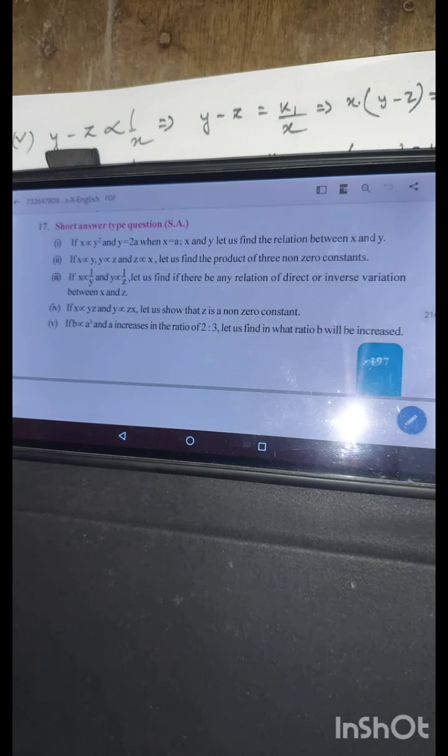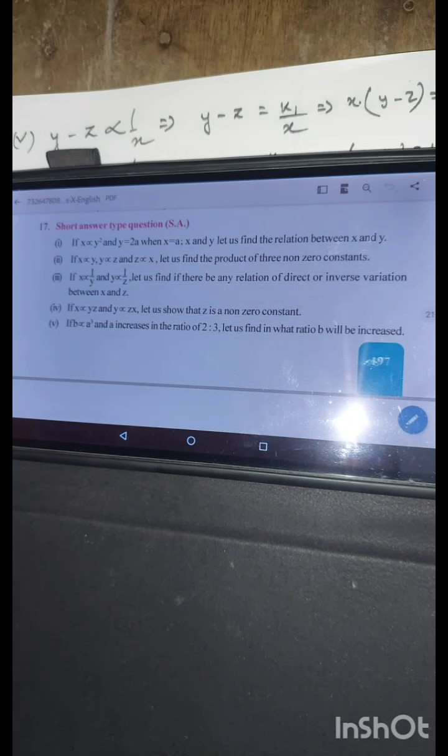Today we are going to start question number 17 of the same chapter. Question number 17 is a short answer type question.